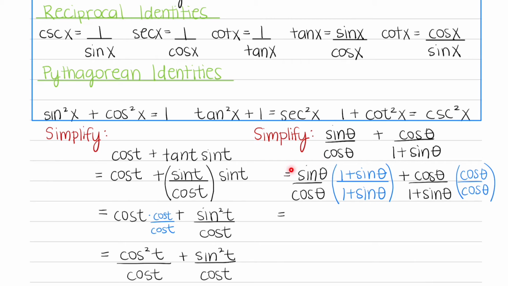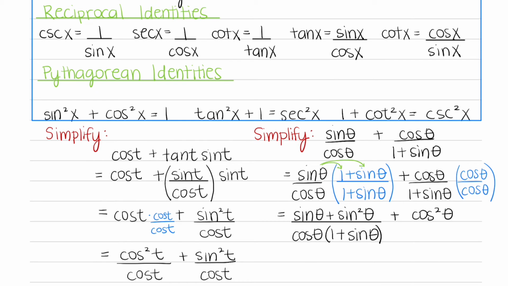Let's go ahead and multiply those out. So we have sine theta times 1, which is sine theta, plus sine theta times sine theta is sine squared theta over cosine theta times 1 plus sine theta, plus cosine theta times cosine theta is cosine squared theta over cosine theta times 1 plus sine theta.